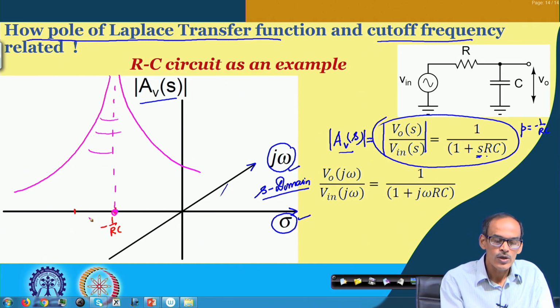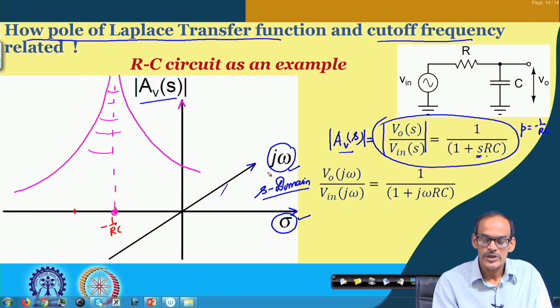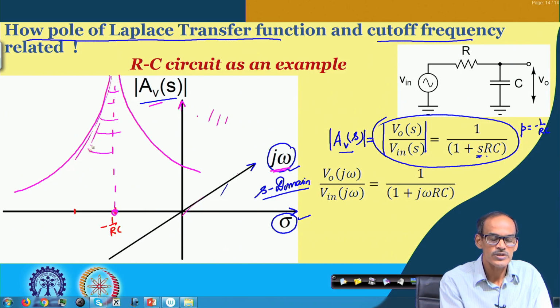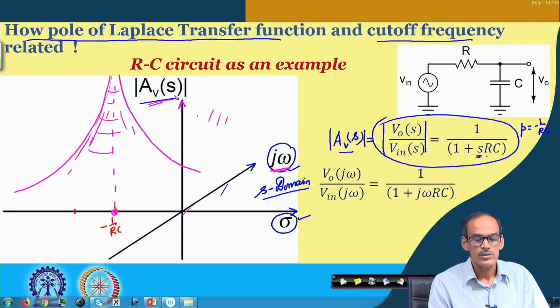If you see this surface, and then consider the vertical plane constructed by this j omega axis and this sigma axis, this plane cuts the surface we just plotted, which represents the variation of the gain over this S domain.